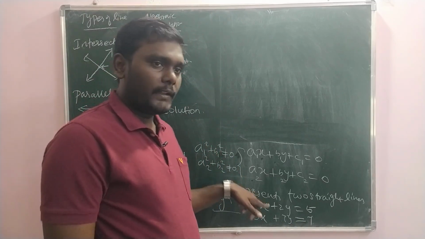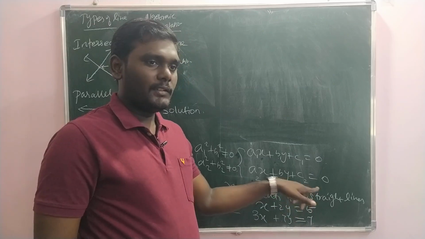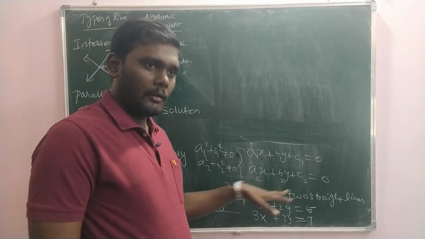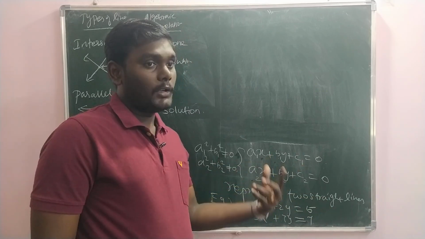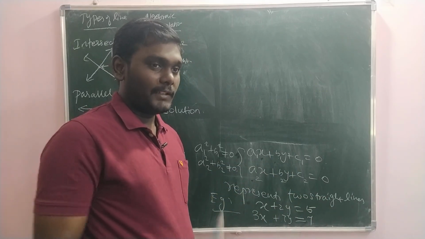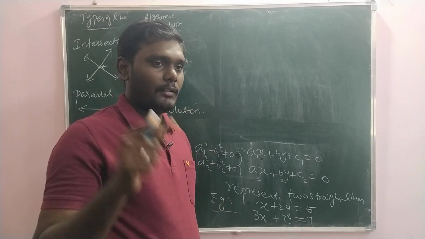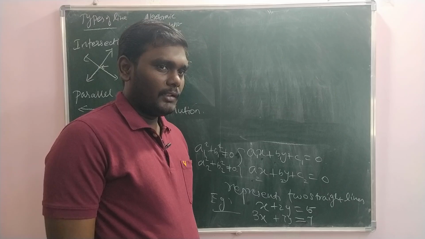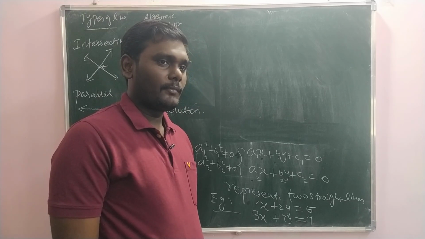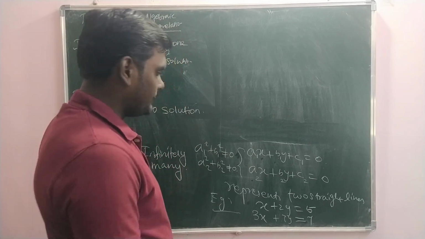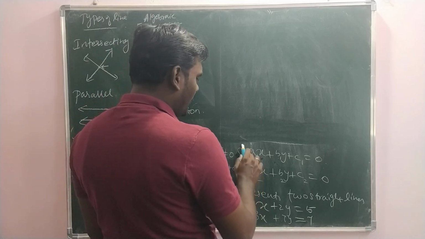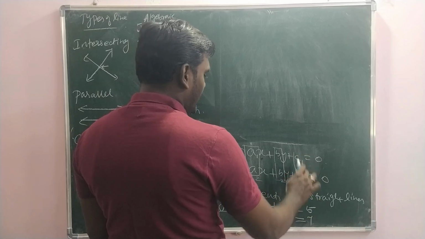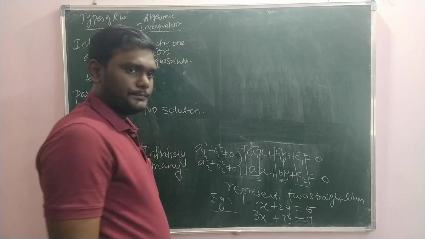A particular value of x and y that satisfies both equations is called the solution of the equations. We draw the graph and figure out what type of solution they have by seeing whether the lines are intersecting, parallel or coincident. That does not work all the time. Is there any shortcut for that? Yes. The shortcut is we take the ratio of the coefficients: the x coefficient, the y coefficient and the constant term.